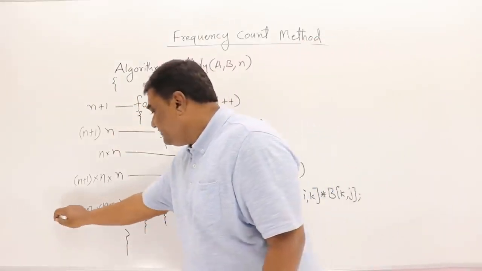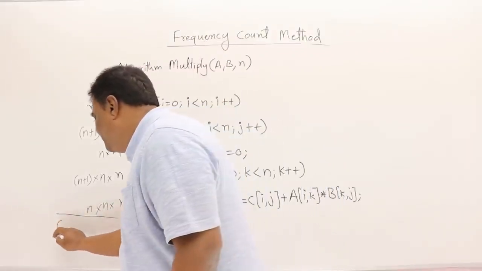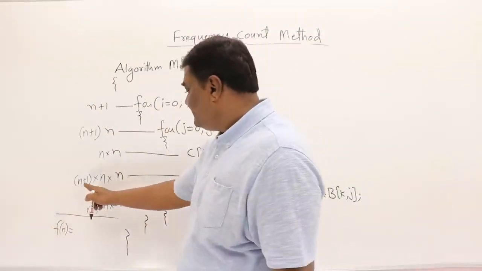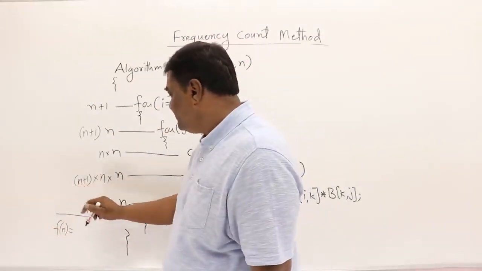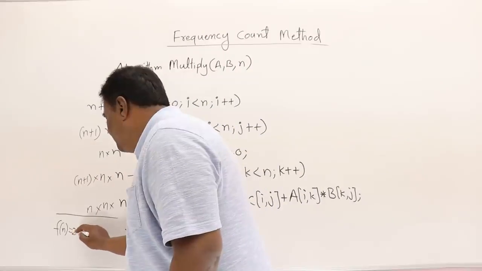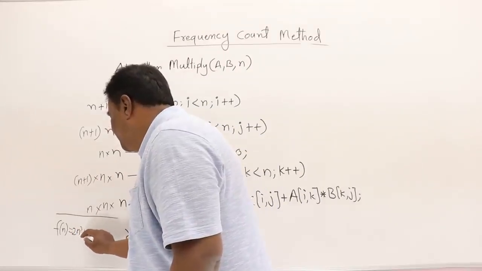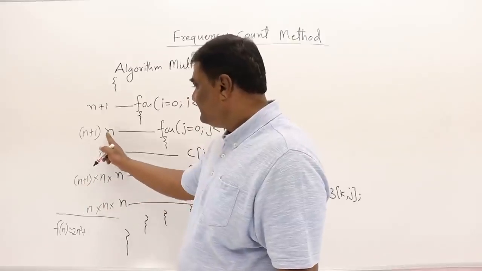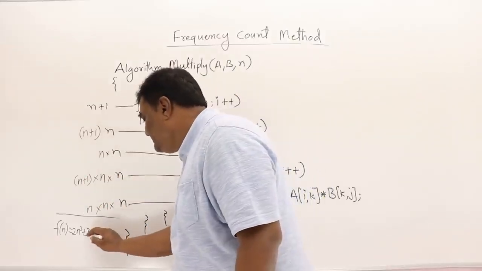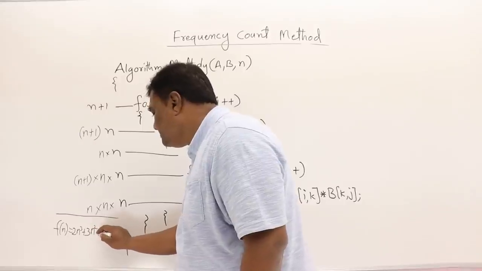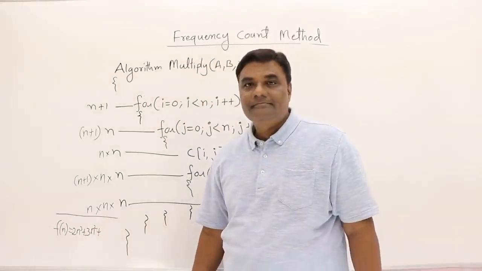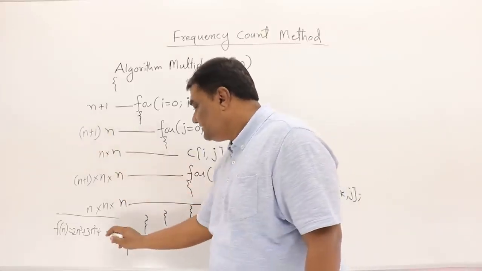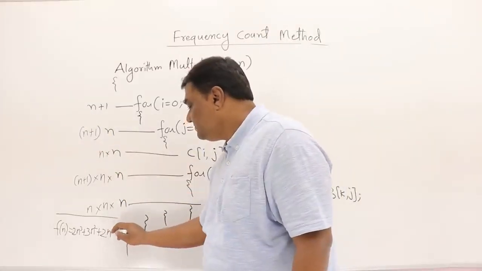If you finally write down the time function, f of n equals n cube and one more n cube, 2n cube, plus 3n square, plus 2n plus 1.